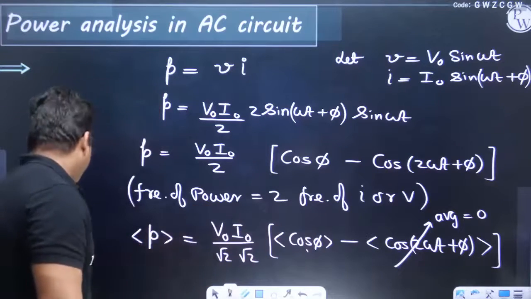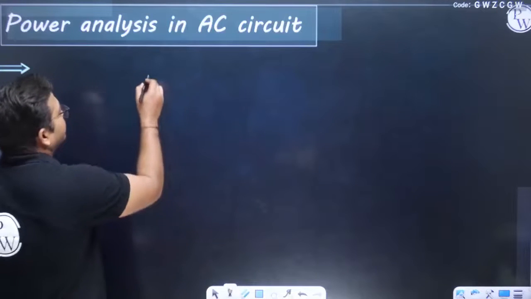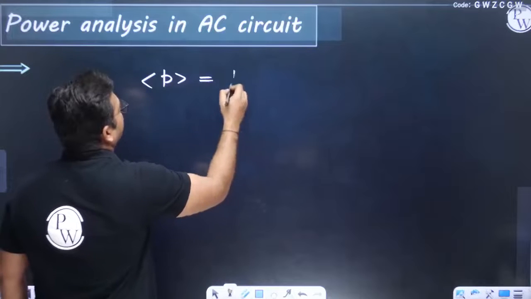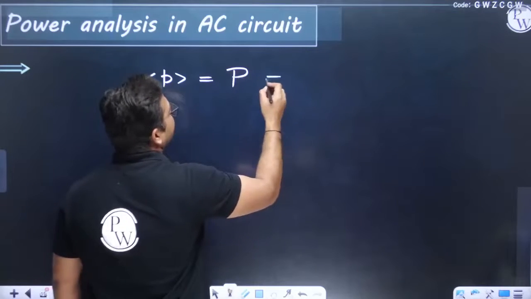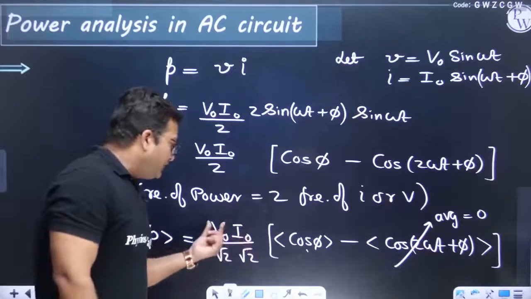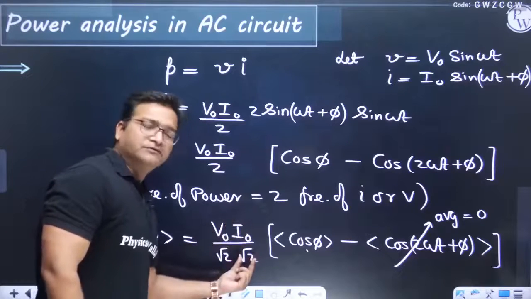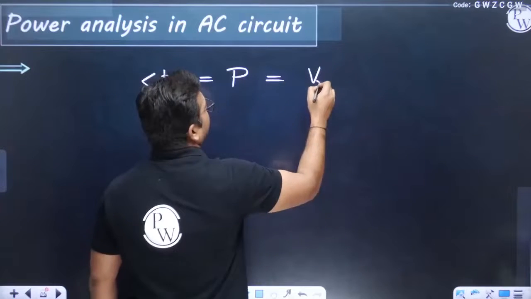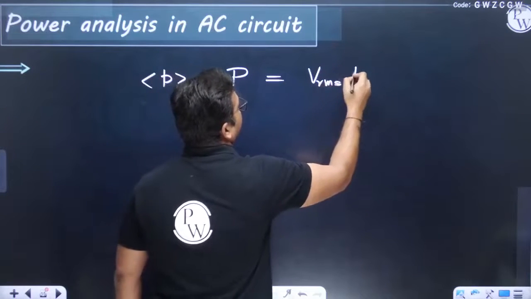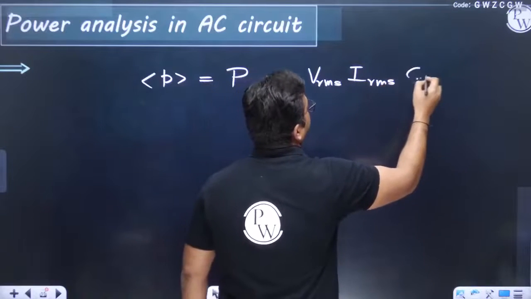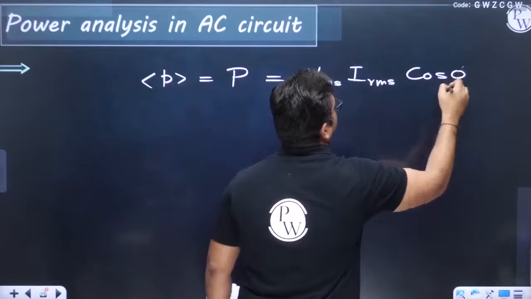So we have average power. Let's write average power as capital P, and average power would be, see, we have V naught by root 2, I naught by root 2. So you can write V naught by root 2 as V RMS, I naught by root 2 as I RMS, and then we have cos phi.